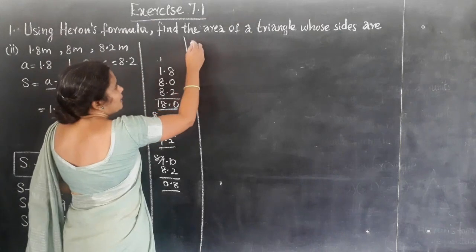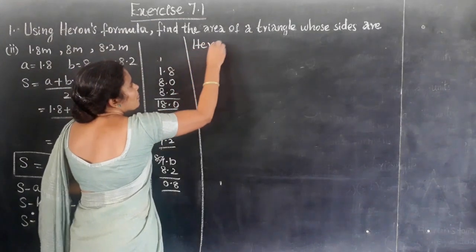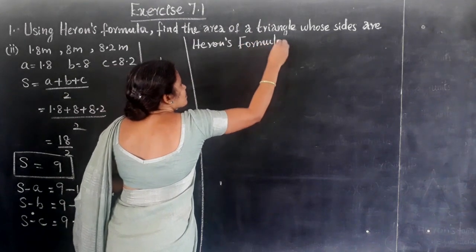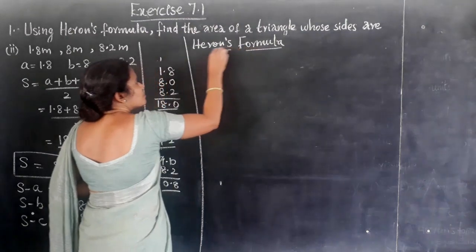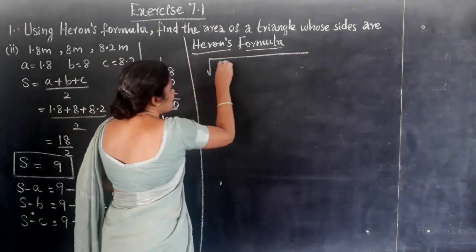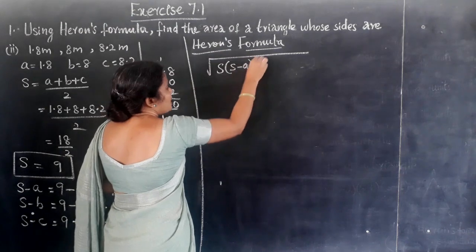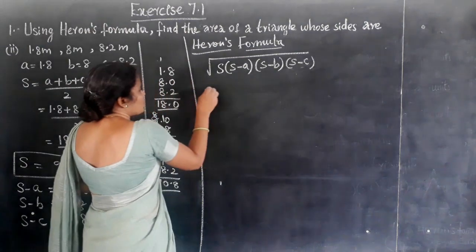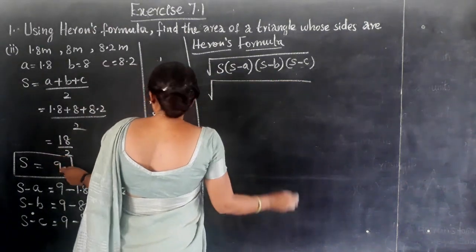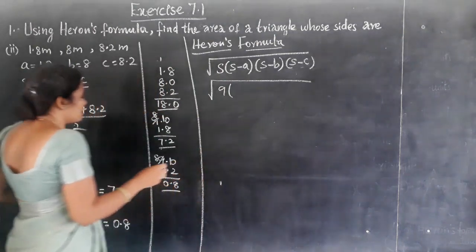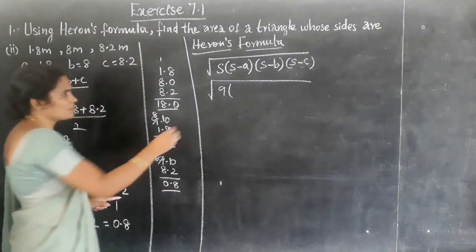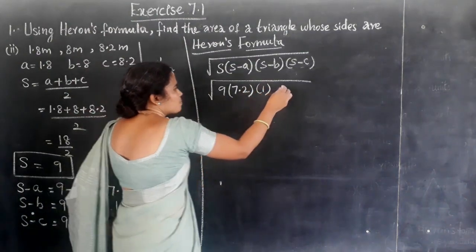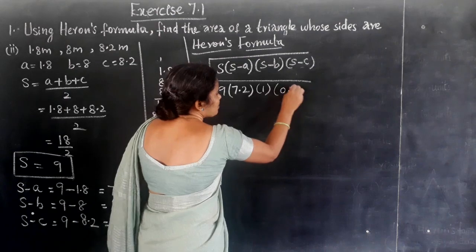And now to find the area of a triangle using Heron's formula, square root of S into S minus A, S minus B, S minus C. So S is equal to 9, S minus A is 7.2, S minus B is 1 and S minus C is 0.8.